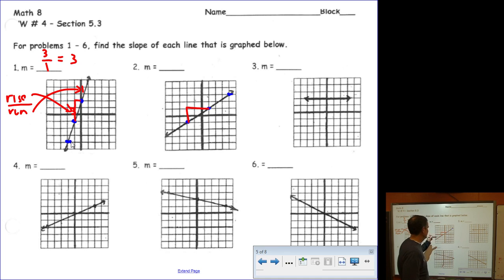So in this case, the rise was 1, 2. The run was 1, 2, 3. And so the slope of this line is rise over run. This is the rise. This is the run. So it'd be 2 over 3 for the slope.